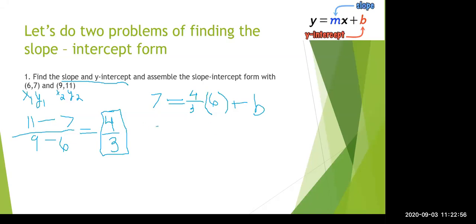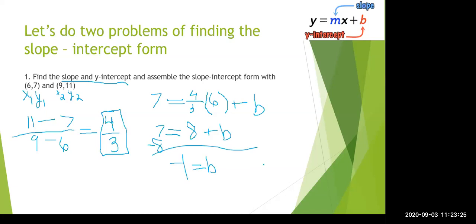So now I'll just solve this. 7 equals 6 times 4 equals 24 divided by 3, which is 8, plus b. So then you'll do minus 8 here. So then that will equal -1 equals b.